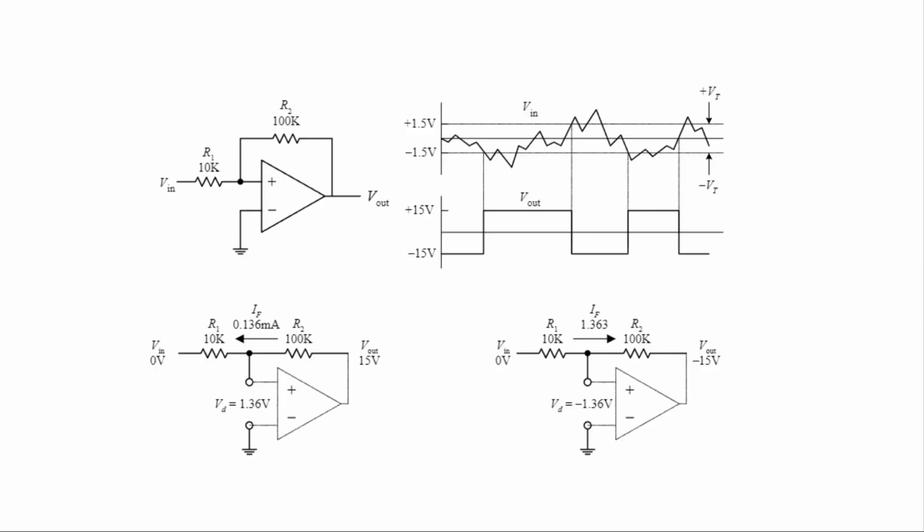Now, positive feedback involves sending the output voltage to the non-inverting input, which is V positive. If you look at the previous expression that we rearranged to get gain, V out equals gain times V positive minus V negative.